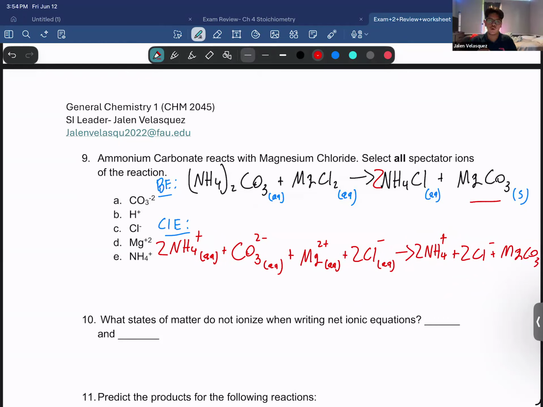Right, and from here we can answer the problem, right? Ammonium is a spectator, chloride is a spectator, so the answers are going to be C and E. Okay, any questions with number 9?